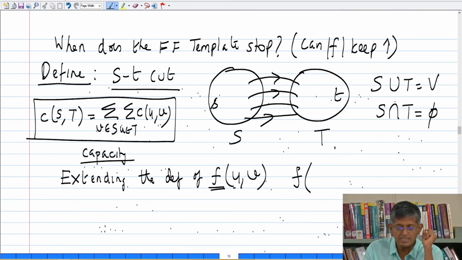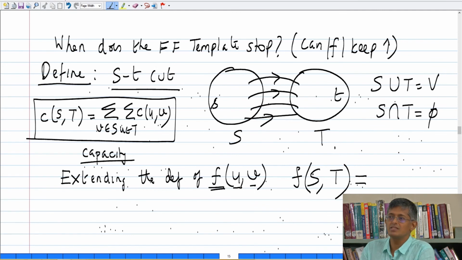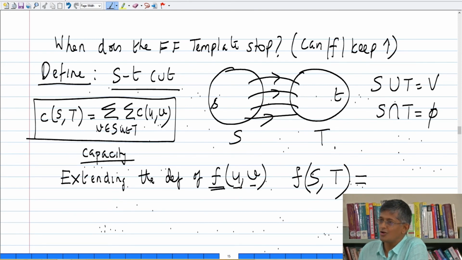So in this case, u and v are two vertices, uv is an edge and the value of the flow has been given there. I am going to extend the definition of f and call it f of S comma T. Can somebody guess what this is going to be? Okay, it is a sum of the flows from S to T. Is that all?